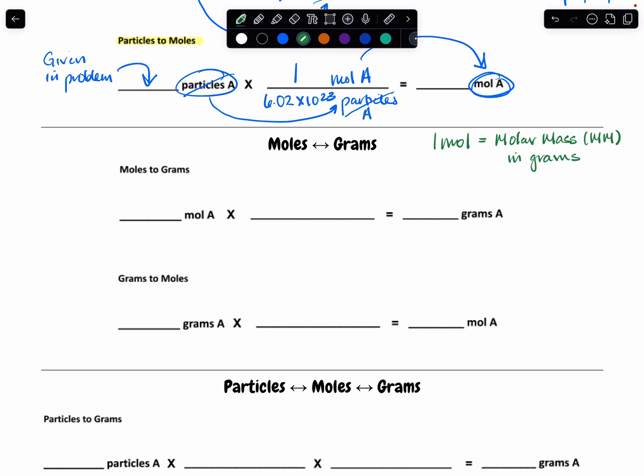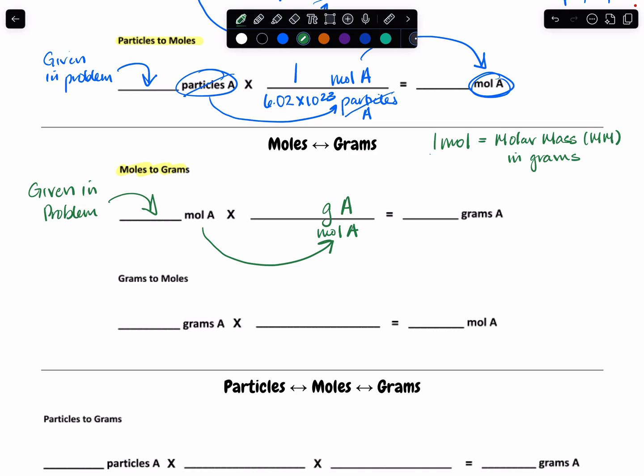All right, so how do we use that? Well, first we're going to go from moles to grams, and just like we saw before, we're going to have a value that is given in the problem. And in this case, it's going to be some sort of moles of a substance. And our job is to convert that over to grams. So first, I need this unit, moles of that substance, in the bottom, which is going to put grams of that substance in the top.